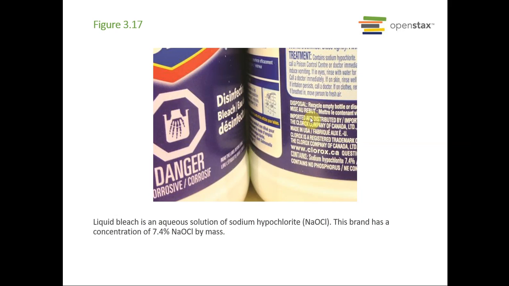If this happened to have a density the same as water, 1 gram per milliliter, then, well, let's say 1,000 grams of this contains 0.074 times the 1,000 grams. It would therefore contain 74 grams of sodium hypochlorite.